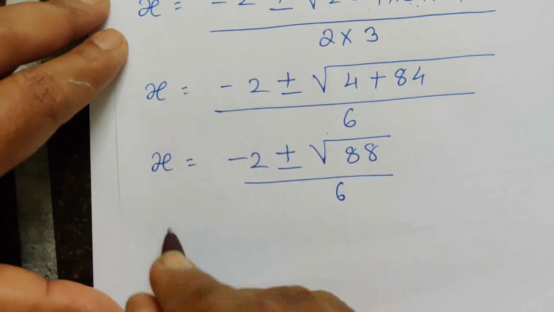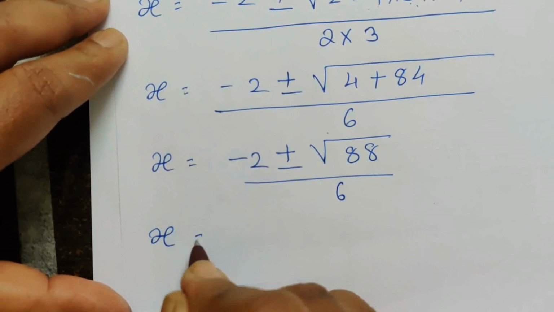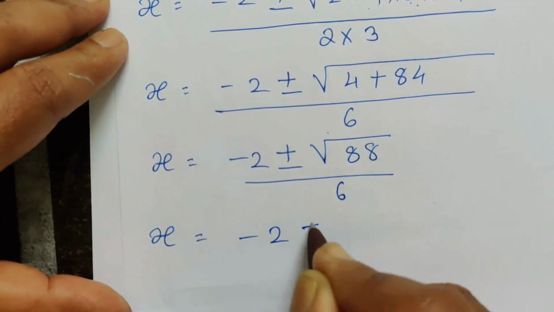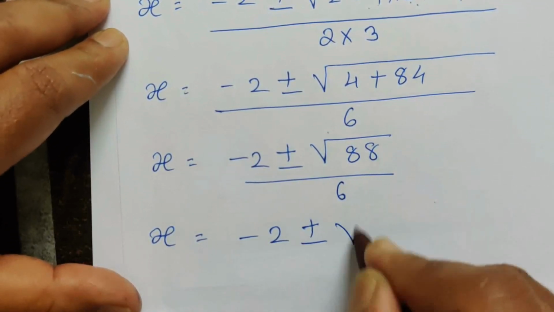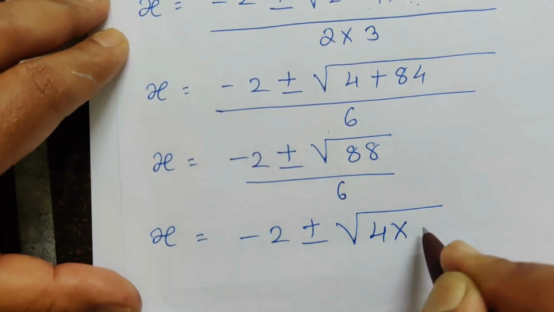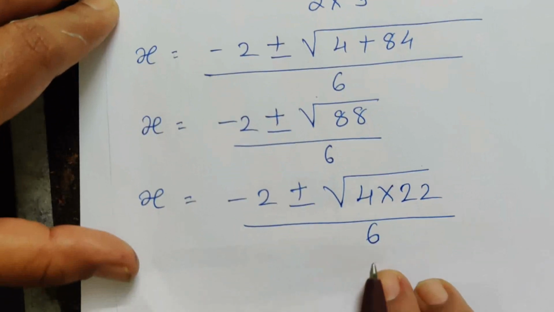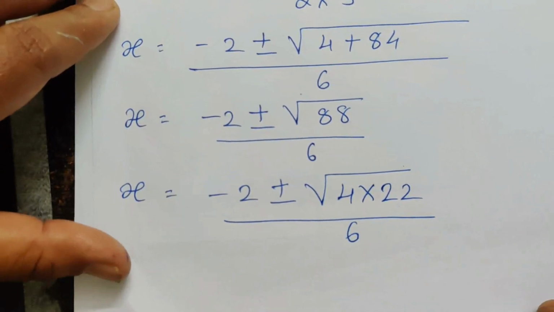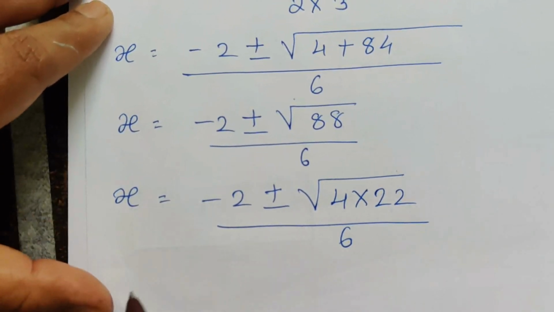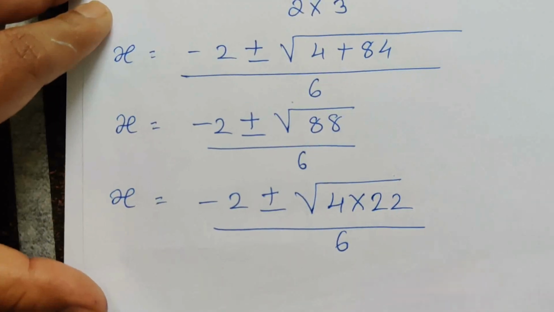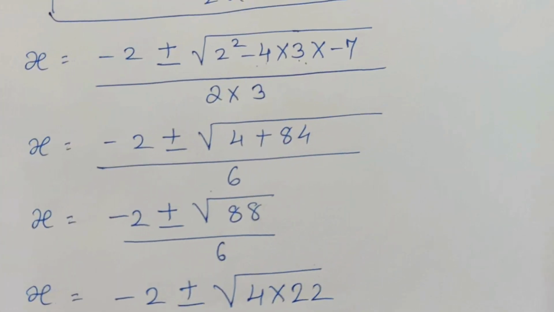Take the factors of 88. So x is equal to minus 2 plus minus 4 multiplied by 22 upon 6. Now the remaining example I will solve this side.